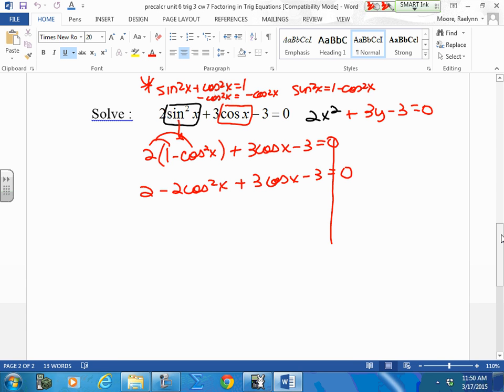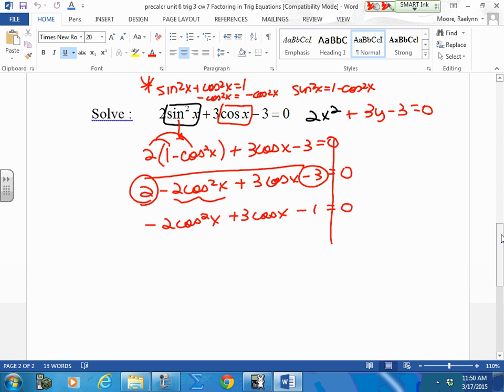So let's take your highest term, negative 2 cosine squared x. Take your next term, and you're on the same side. What does a 2 and a negative 3 give us? If you combine those, negative 1.